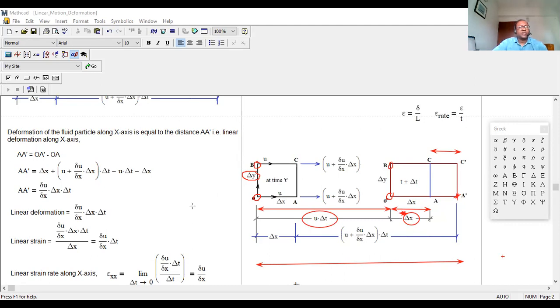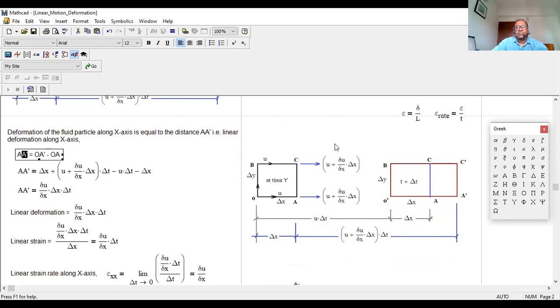So that's what we did. You see right over here. We need to figure out the distance A prime. So we took line OA prime from O to over here. How much distance? Delta x plus this one.